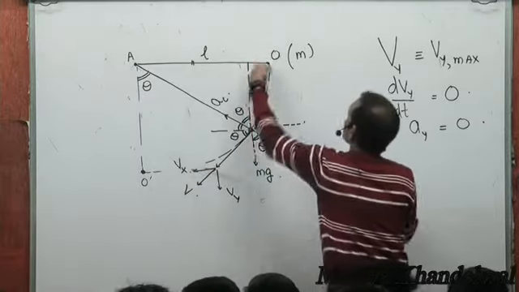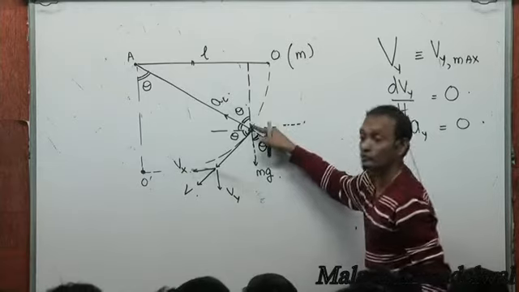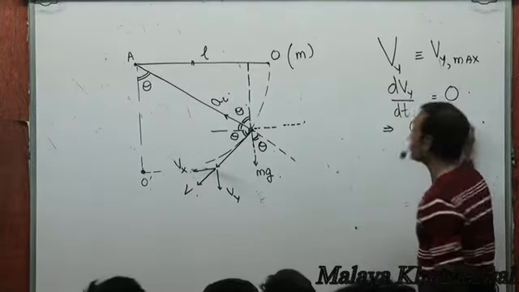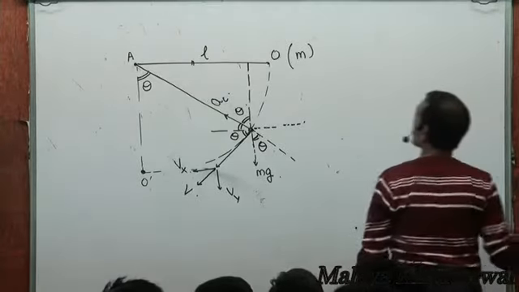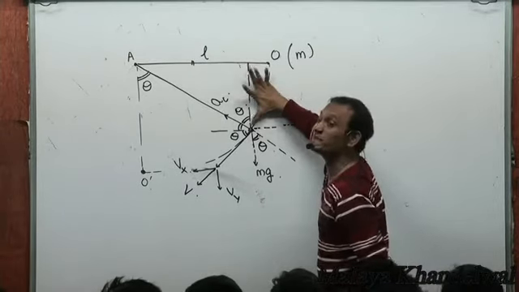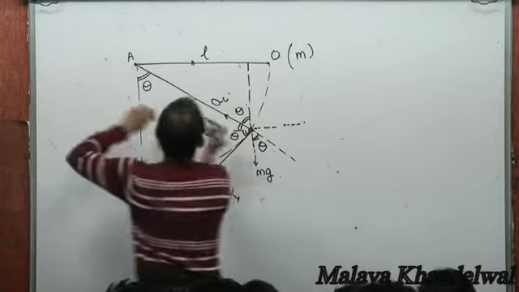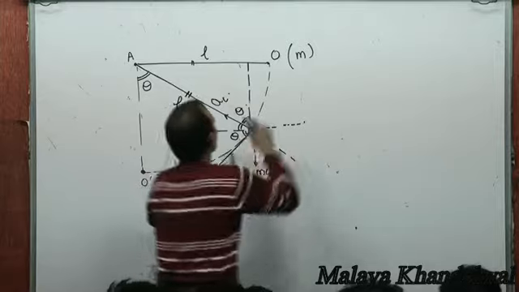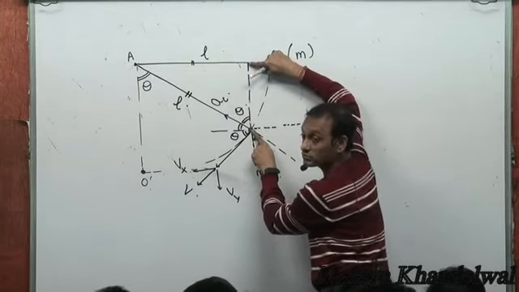Now, when the particle goes from this point to this point, what happens? Loss of potential energy must be gain of kinetic energy. This length is L. This length will be L cos theta, right?